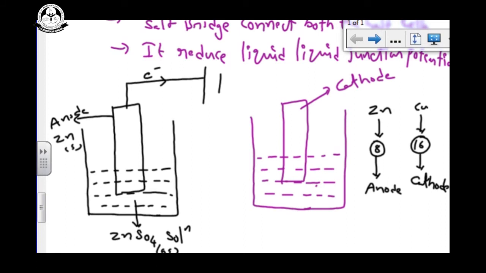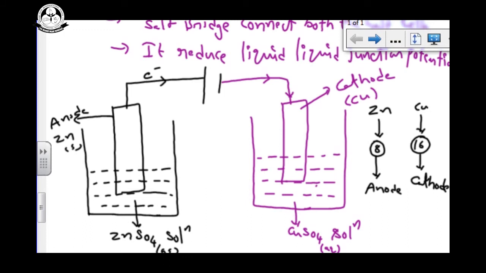Here for the cathode we are taking copper. Copper is dipped in a copper sulfate solution. It can gain the electrons like this. Anode oxidation, loss of electrons. Cathode reduction, gain of electrons.